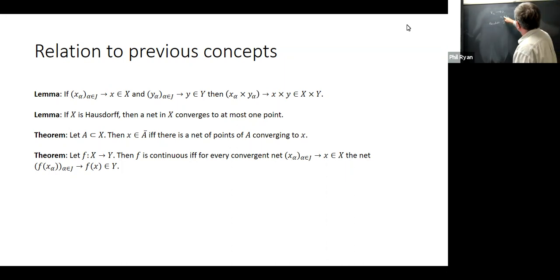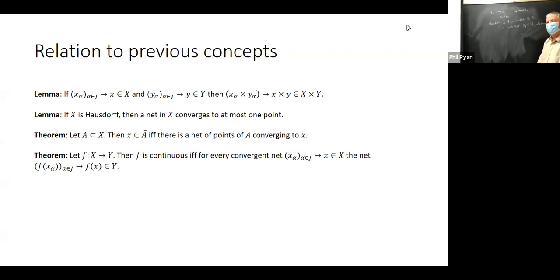So what happens here? So that means what? The definition of convergence means there exists an alpha such that x gamma, I'm going to try to be careful with my indexes here, is in U1 whenever gamma is bigger than alpha.